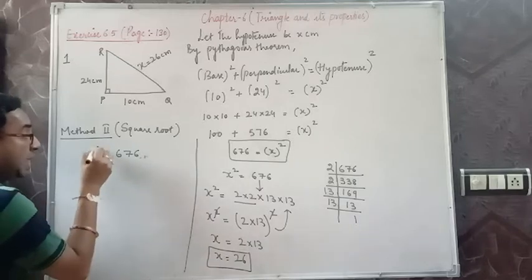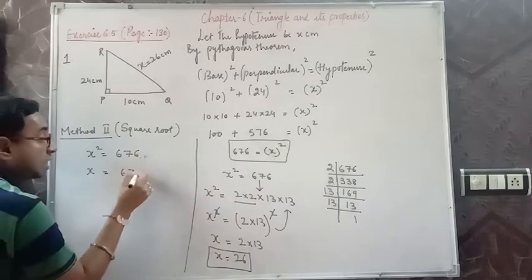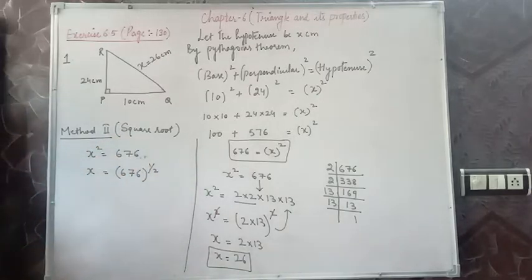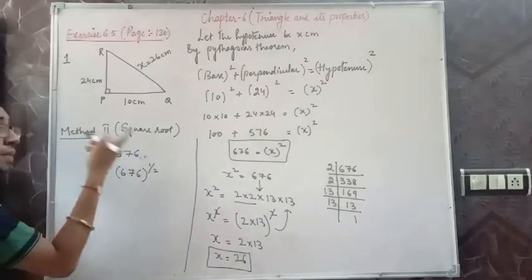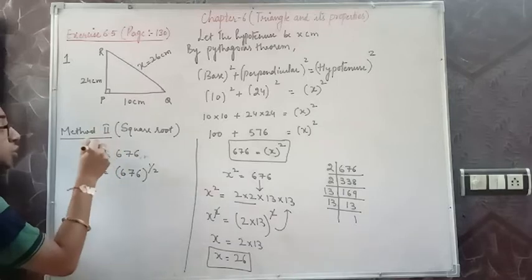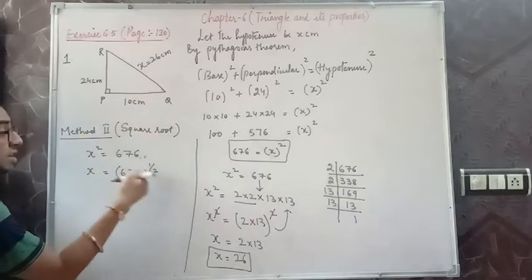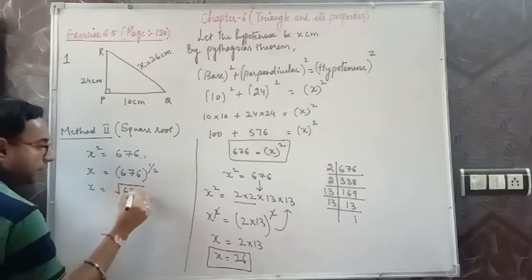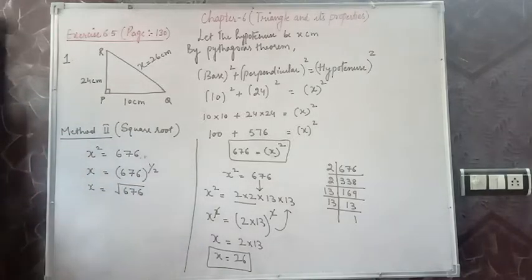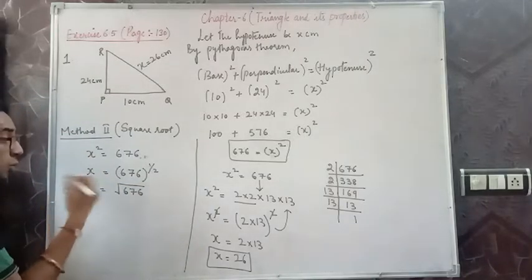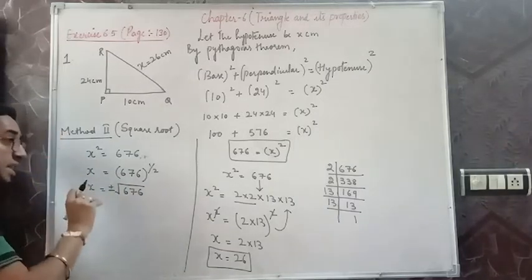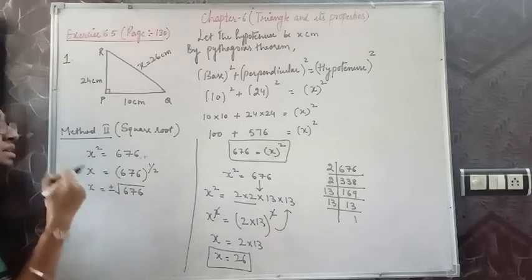Similarly, if the power 2 goes to the other side, it becomes half. If it was 3, it will become 1 by 3, the reciprocal. But do remember, when we take it there, it goes with the plus minus sign. It means x can be plus also, x can be minus also.